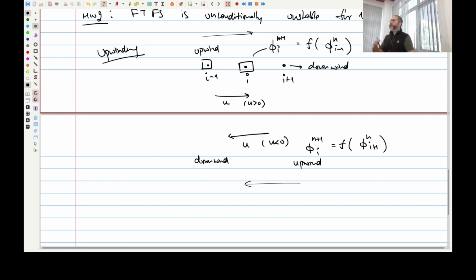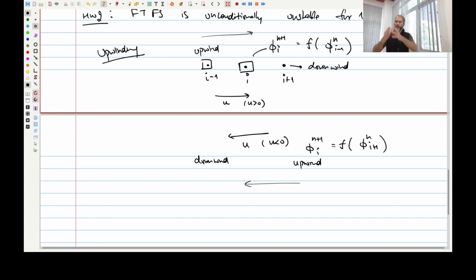So we use a scheme called the upwinding scheme. If we are using a first order upwind, we'll use forward time backward space wherever u is positive, and forward time forward space wherever u is negative. We say we're using an upwinding scheme so that the information that is upwind is affecting the flow.